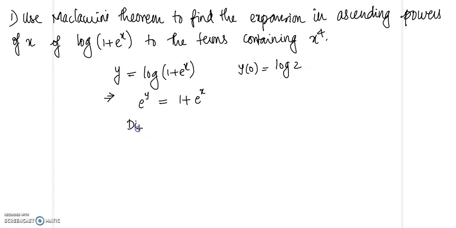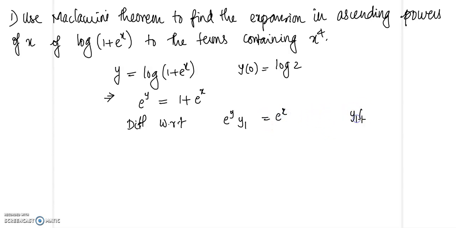Now we have e raised to y equal to 1 plus e raised to x. So differentiate with respect to x. That will give e raised to y times y1, representing the first derivative as y1, that will be equal to e raised to x.